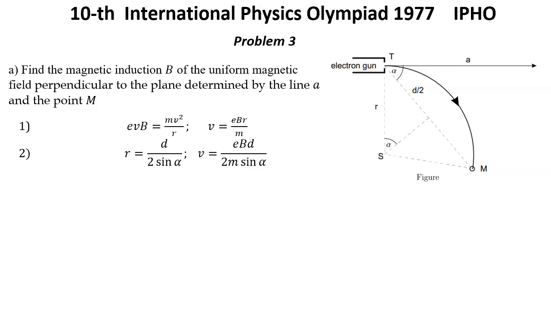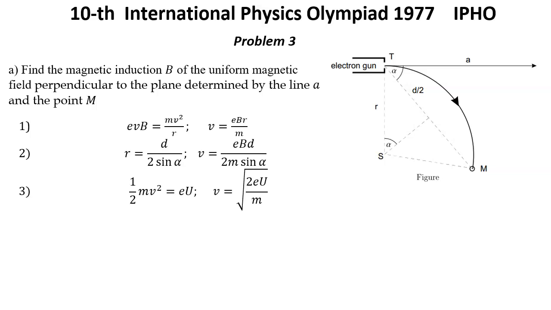The velocity of electrons can be determined from the relation between the kinetic energy of an electron and the work done on this electron by the electric field of the voltage U inside the gun. So we have 1/2 mv squared equals eU, from which we can find that speed v equals the square root of 2eU over m.